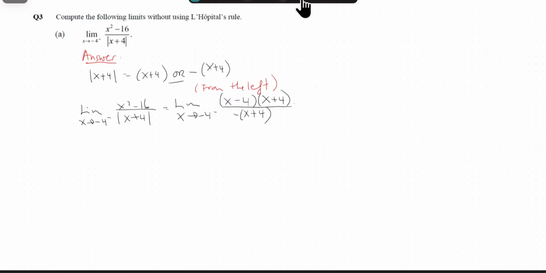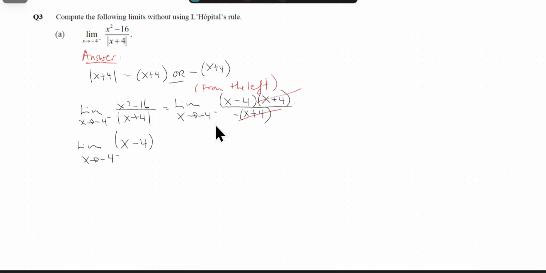As you can see, the x plus 4 in the denominator can be cancelled with the one in the numerator. So the problem simplifies to the limit as x approaches negative 4 from the left of (x minus 4). That will be the simplified function.